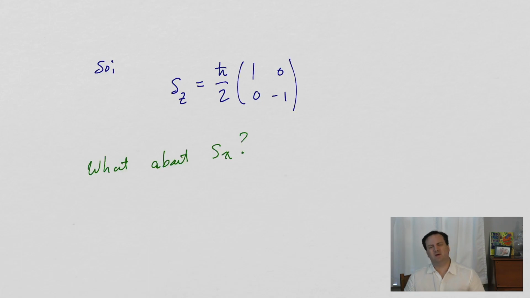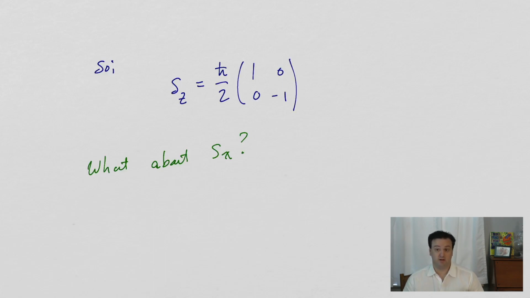Well, that's great for SZ, but what about operators like SX? Now, this is another Stern-Gerlach experiment, and as we've been talking about, sure, it has its own basis, plus x and minus x. But we've always been trying to represent those vectors in the basis of SZ.